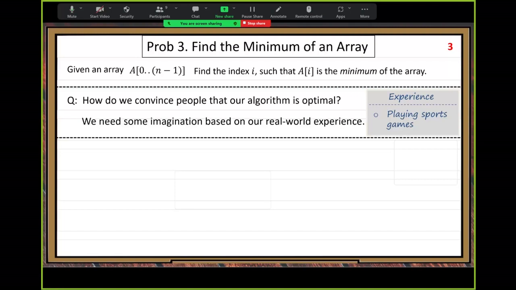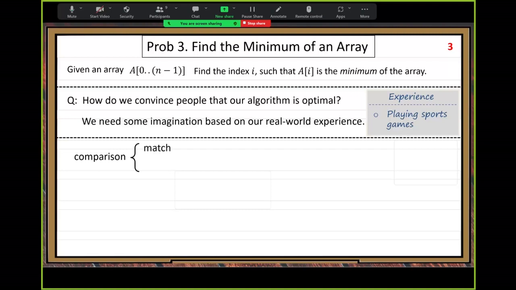The tournament method. Many different methods are used when people play sports games. Here we use analogy, from our experience of real world sports games. When we do a comparison, we compare two numbers and see which one is greater and which one is smaller. Can we make a similar analogy as in a sports game or match?